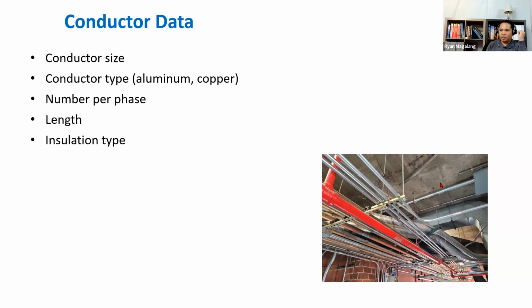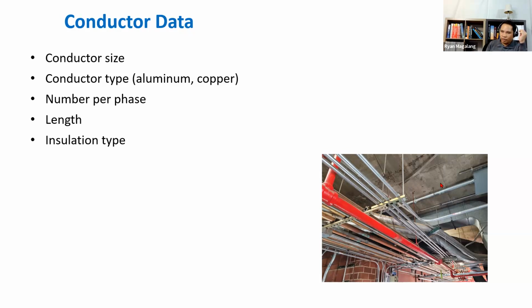It really does, especially in the lower voltages, because lower voltages tend to have smaller conductors, which tend to have higher impedance value, which means it limits the fault current greatly.